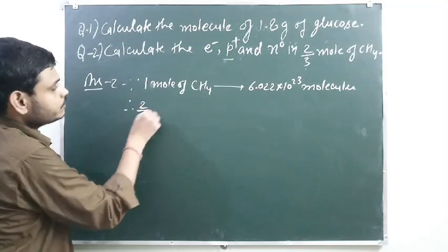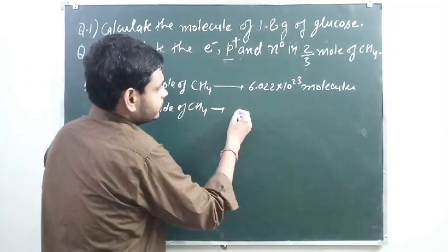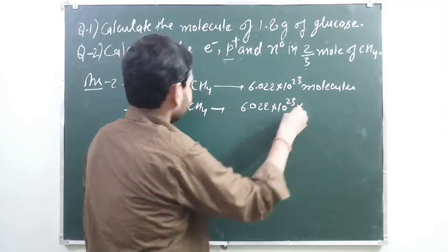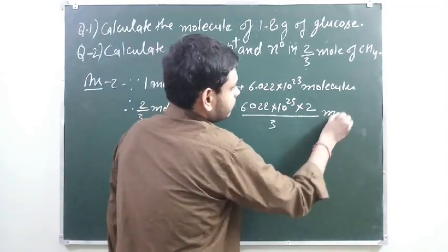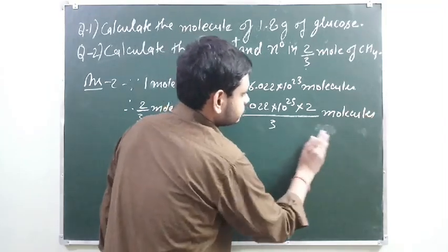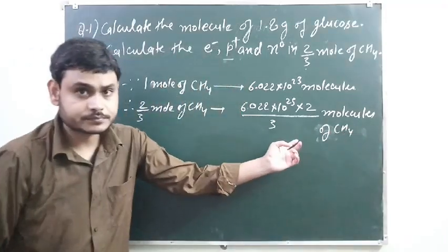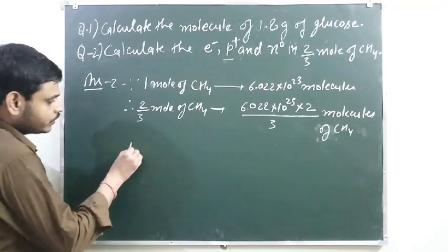Therefore, 2 by 3 mole of CH4 contains 6.022 into 10 to the power 23 into 2 divided by 3 molecules of CH4. Clear?